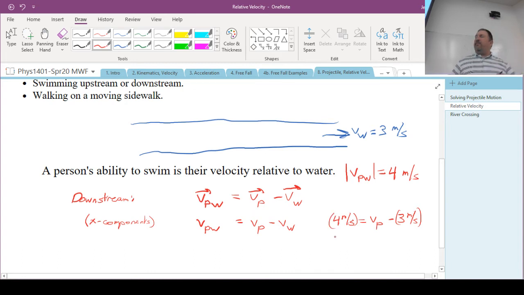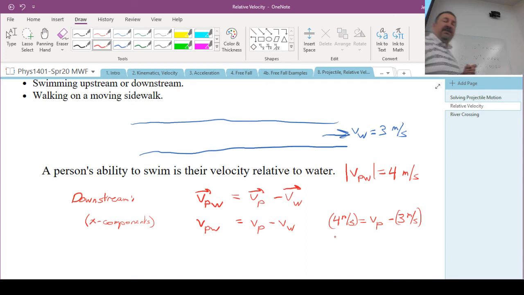So the relative velocity of the person goes in the spot where there are 2 indices in my notation, and the velocity of the water goes in here. It's not minus because the water's negative, it's minus because that's the definition of relative velocity. A relative velocity is a subtraction of two regular velocities.